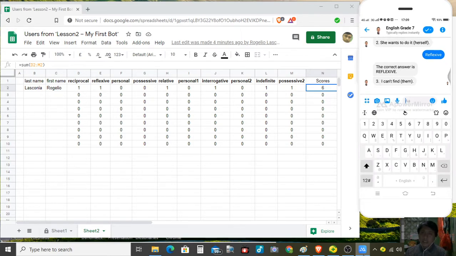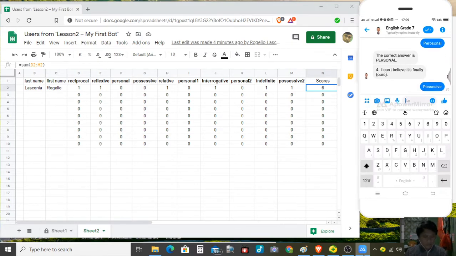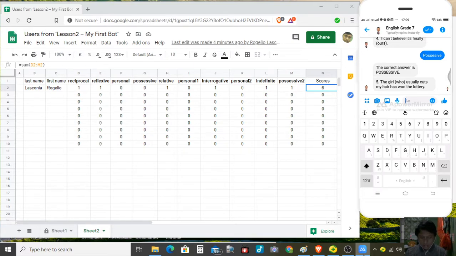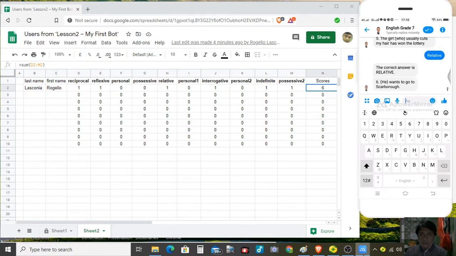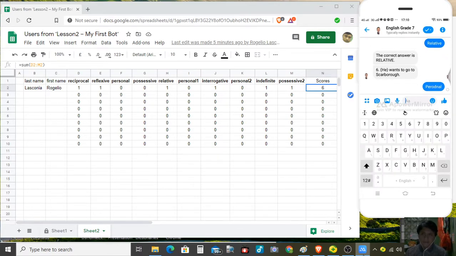So let us try a wrong spelling here in the possessive. That's number 4. Then relative, then number 6 personal, with wrong spelling, "perodnal".